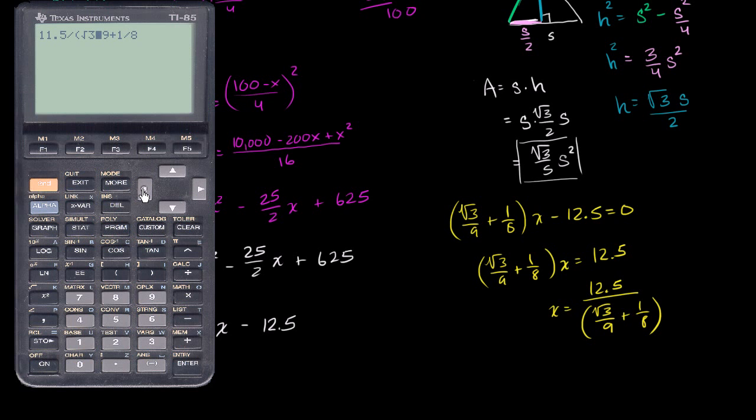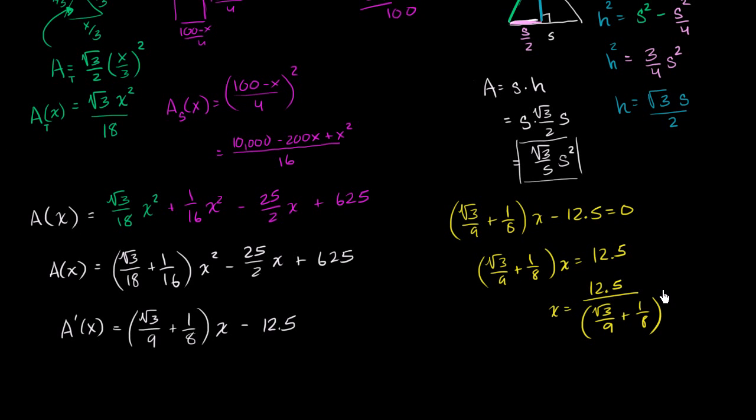So let me make this a 12.5. Let's see, so I have 12.5 divided by square root of 3 over 9 plus 1/8. Now I just have to put the closing parentheses, and I get 39.38. So this is approximately equal to 39.38.